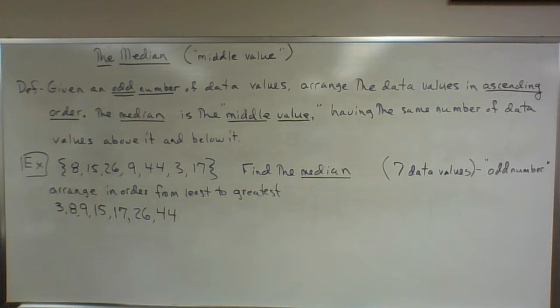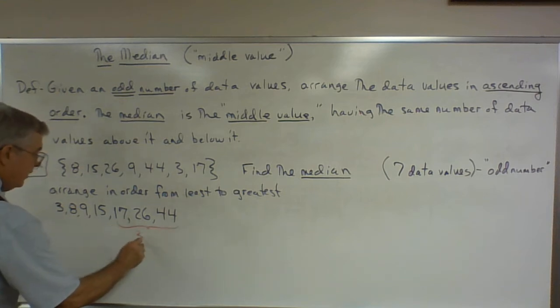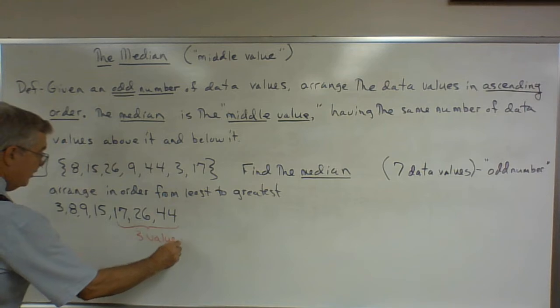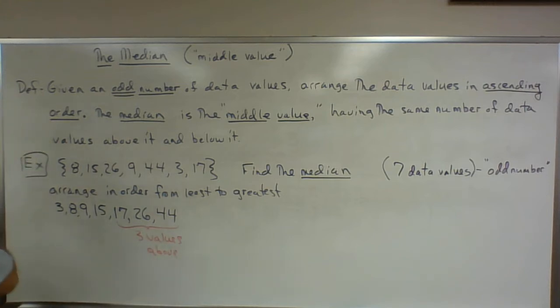The median is the middle value. It has the same number of data values above it, 3 values above, and 3 values below.